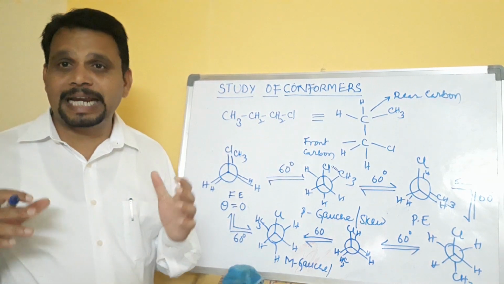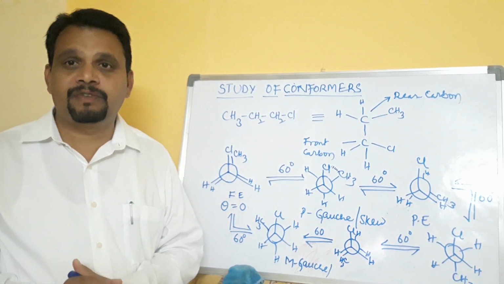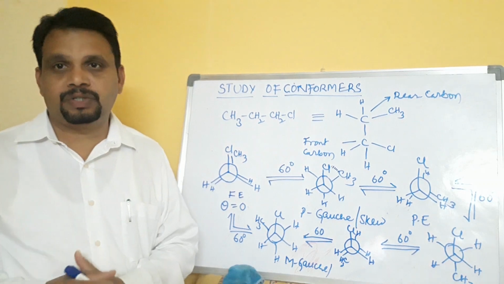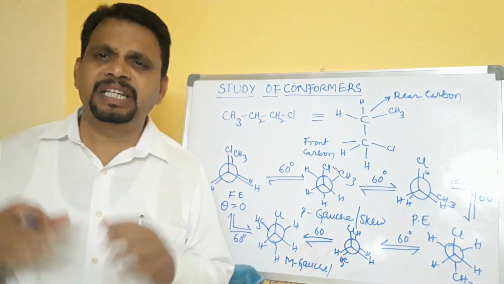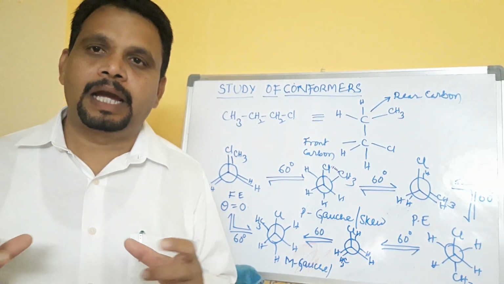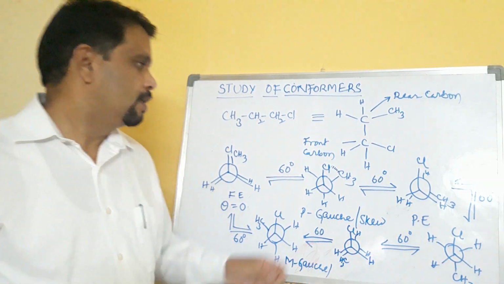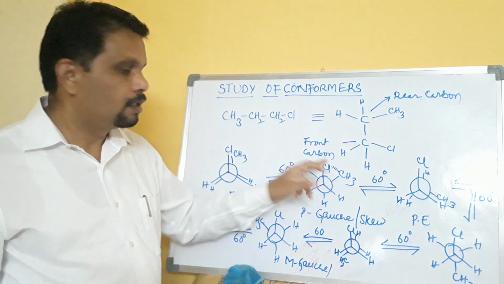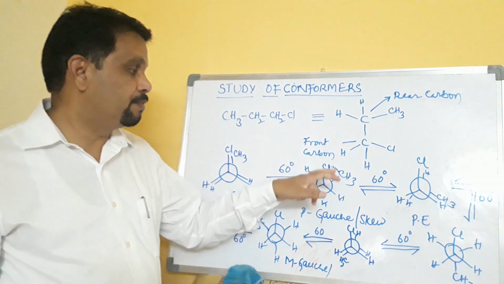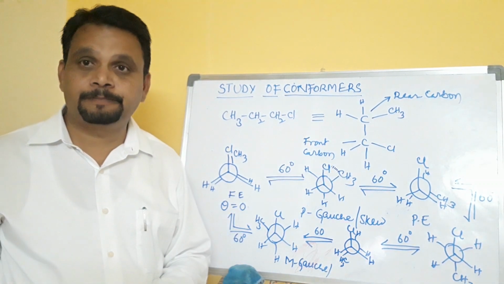So van der Waals attractions contribute stability to that conformer. It brings down the energy. So why van der Waals attraction between chlorine and CH3?